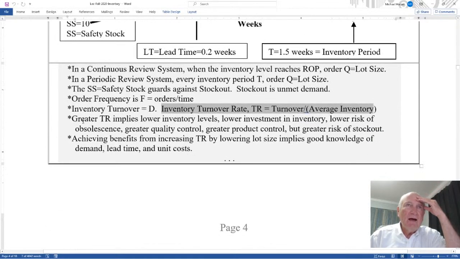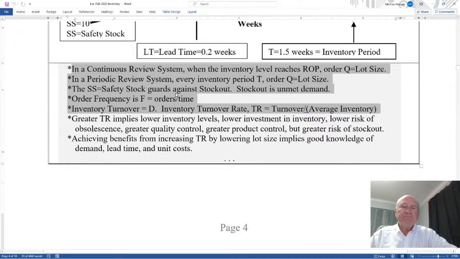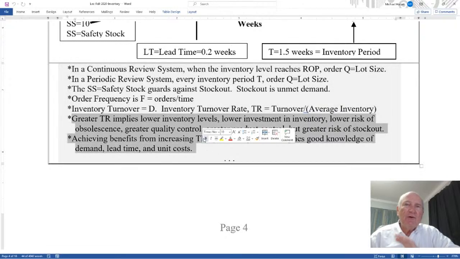Okay, now, what's the implications? These are principles to remember. These last two are implications for use. Greater turnover rate implies lower inventory levels.